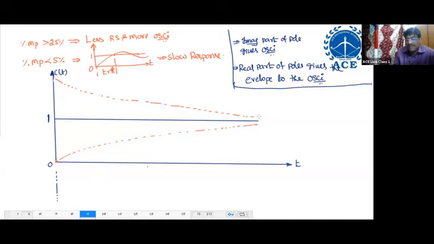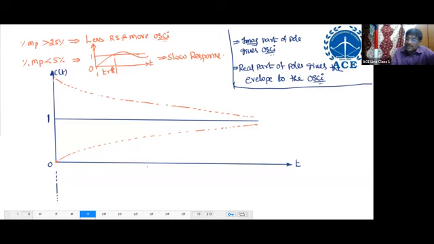Okay. Fold with respect to one. Now in between, draw the oscillations. Come on. 1 and 1 dash.